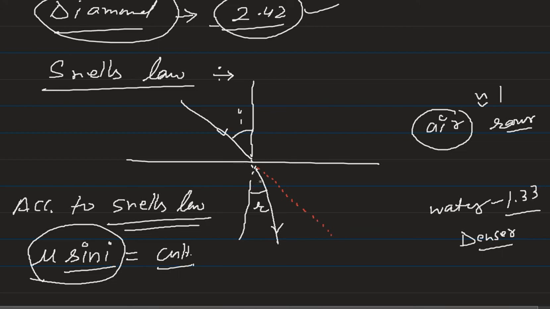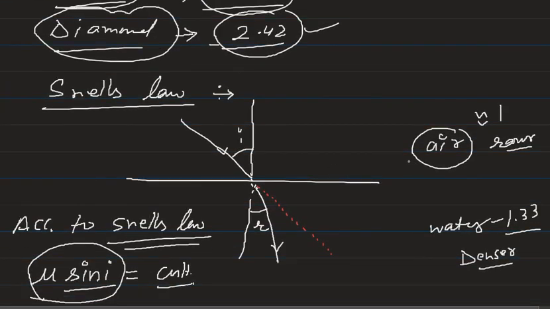Now we apply Snell's law on this refraction. Wherever refraction occurs in any problem, you apply Snell's law and create an equation like that. Let's see how we apply it. In this case we take air as one medium and water as the second medium.